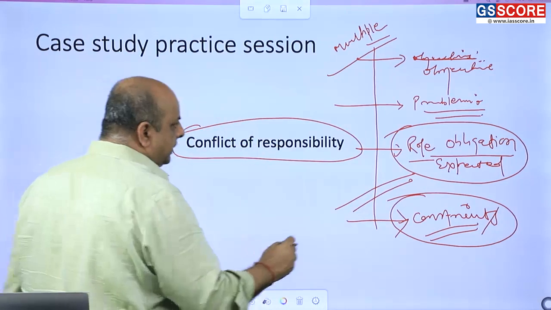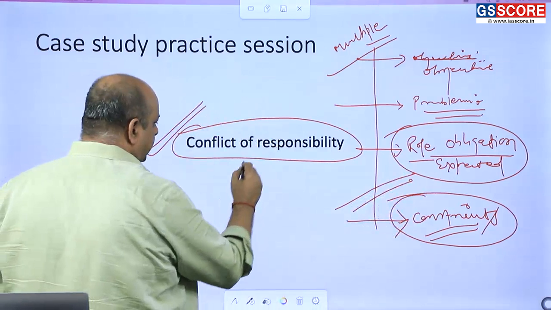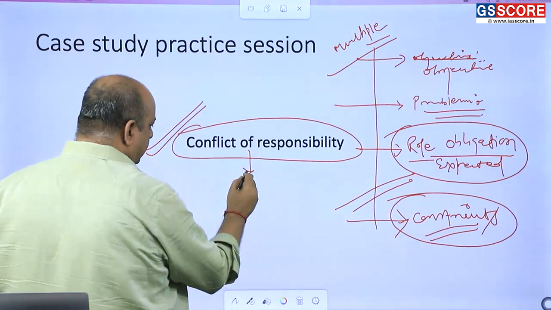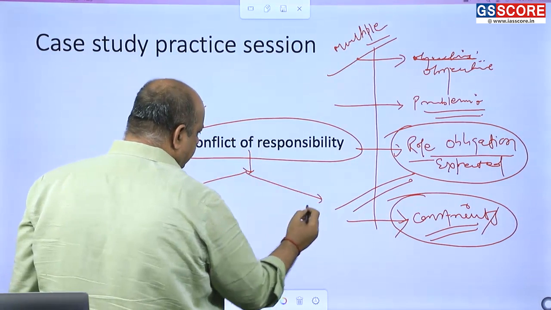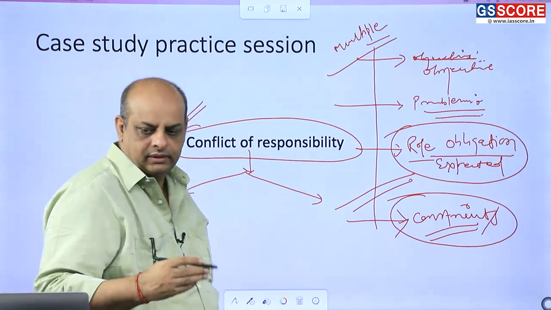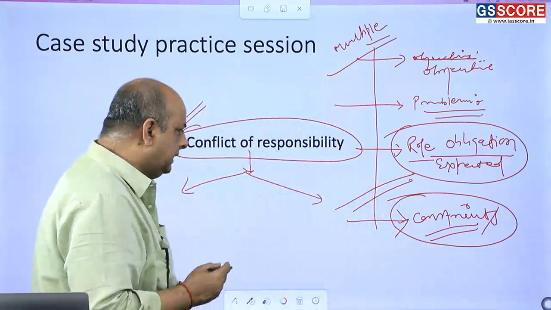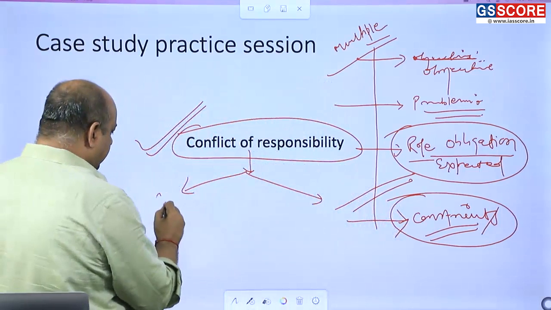Now, when you say role obligation, sometimes you will find that there is a conflict of responsibility. In many problem statements, which I will come up with in certain cases, there is something called objective responsibility.